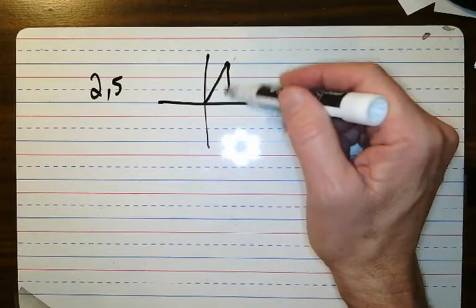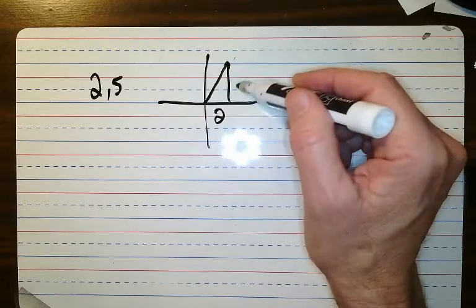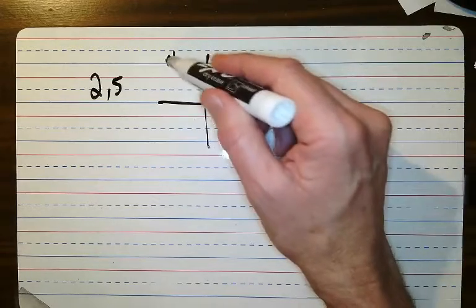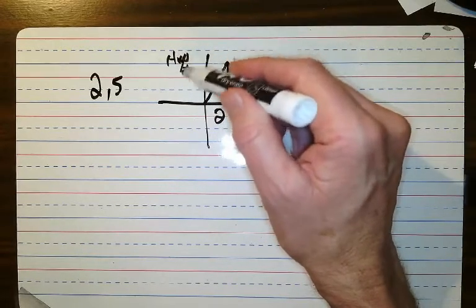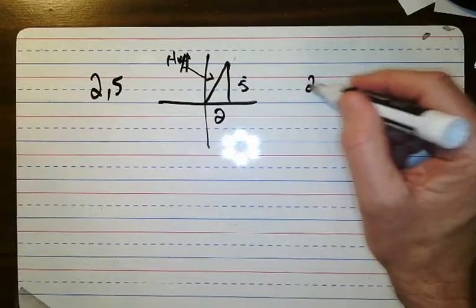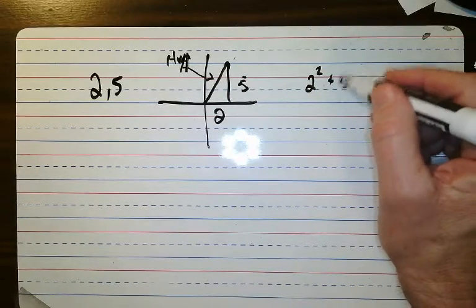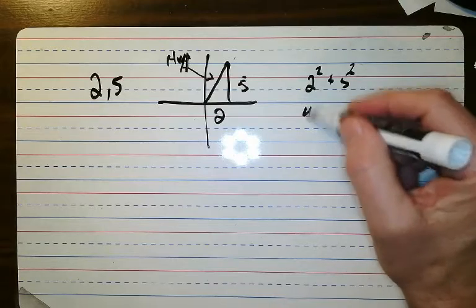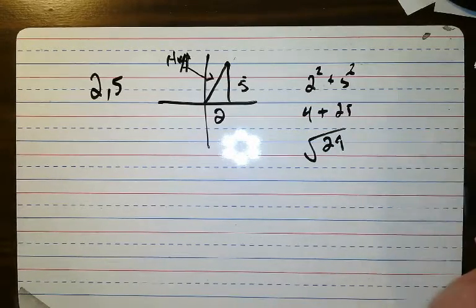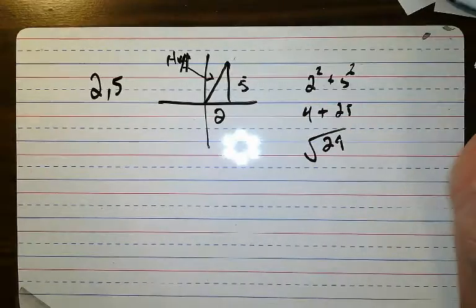So I'm building a triangle. This is 2, this is 5. How long is the hypotenuse? That's my question. Well, I know 2 squared plus 5 squared, that's 4 plus 25, that's 29. The square root of 29 is the hypotenuse.